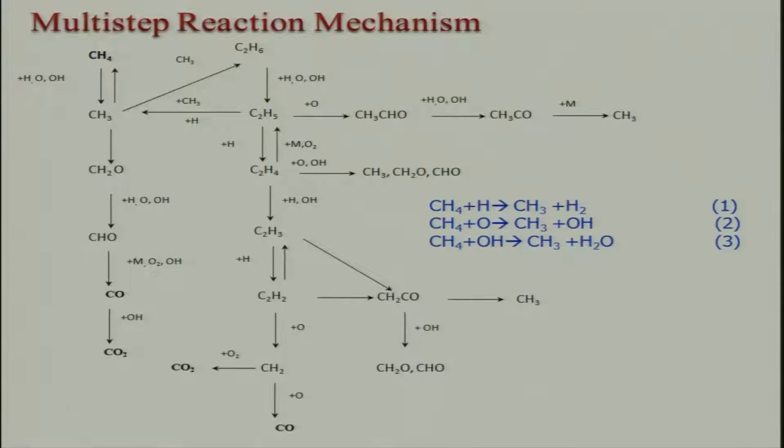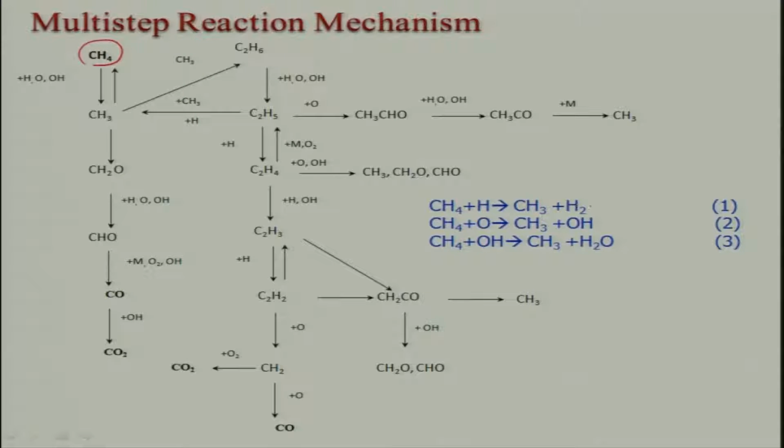So, let us look at a multi-step chemistry reaction for methane, which is a very simple hydrocarbon. The methane molecule will be reacting with, let us say, a radical, and then what will happen?